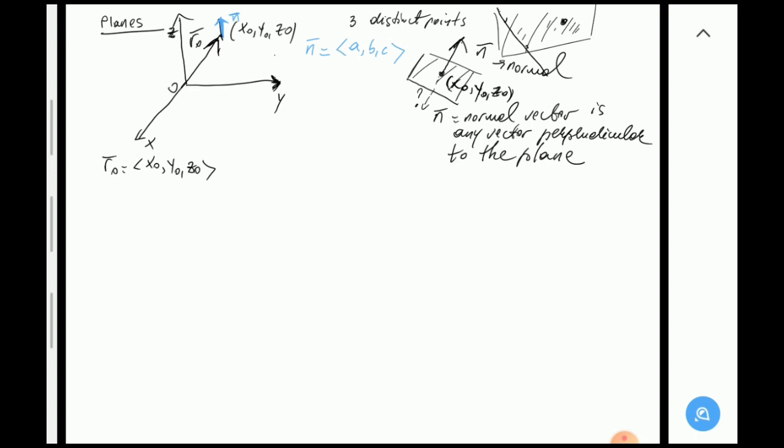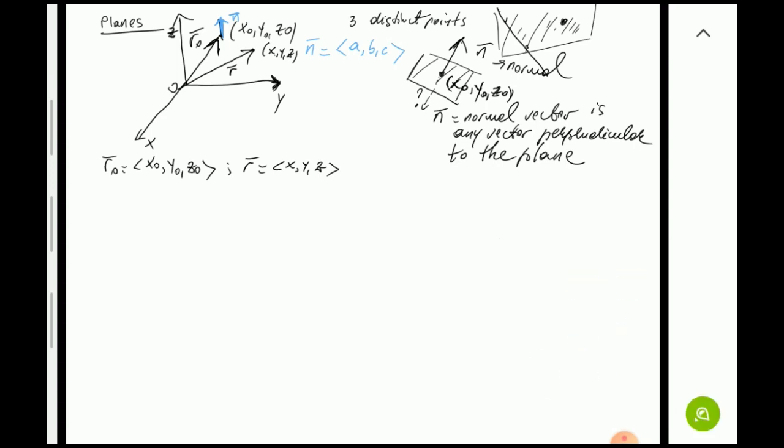And let's say we have another point on the plane which I want to describe via the equation of the plane. Over here, let's say x, y, z. And by r, we're going to denote the position vector to that generic point, just like in the previous example.